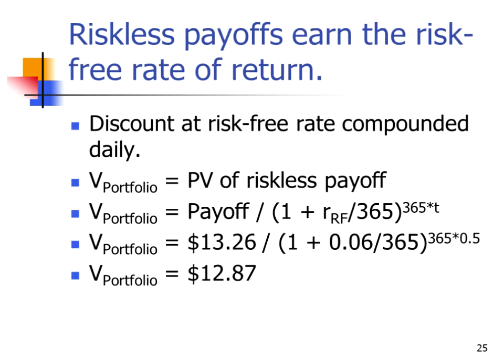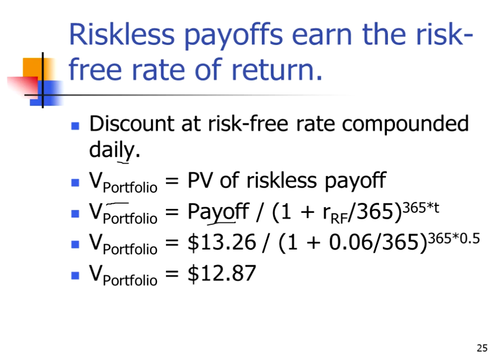So this is the same thing we've done right now. What about the riskless payoffs? They earn the risk-free rate of return. Discount at the risk-free rate compounded daily. Present value of the riskless portfolio will give you the value of the portfolio.